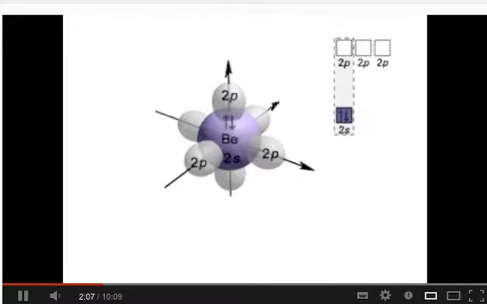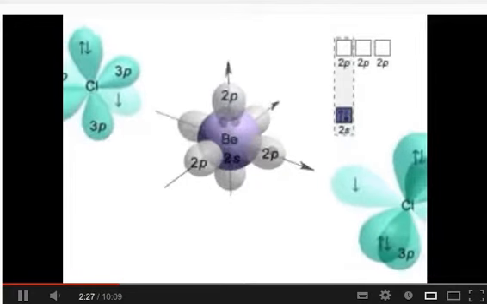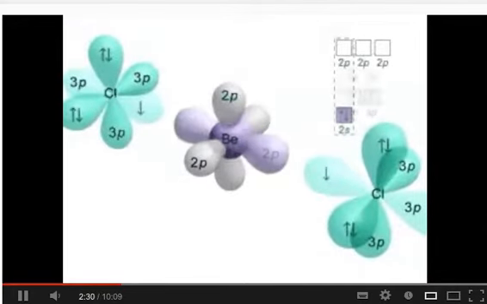Putting these ideas together, we can imagine the hybridization process for BeCl2 as something like this. The isolated beryllium atom, with its filled 2s and empty 2p's, is shown with the small box diagram above. The chlorines have 3 3p orbitals, but we'll fade out the ones that are not involved in bonding.